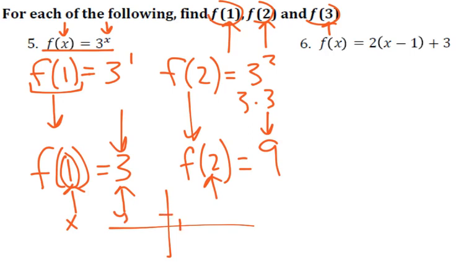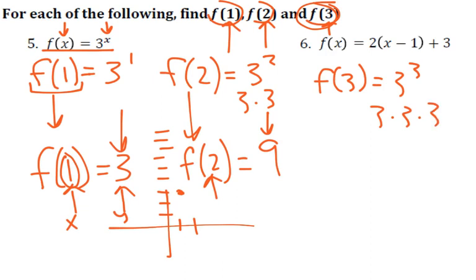So it would be (1, 3) or (2, 9), and so on. So then the last one, f of 3 equals 3 cubed, which is 3 times 3 times 3. So that's 9, so that's 27. So f of 3 equals 27.